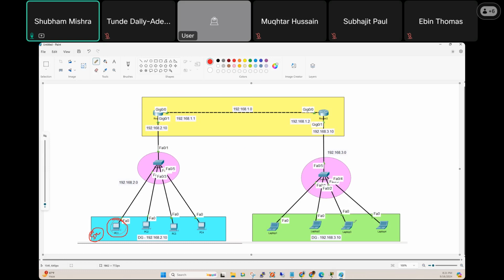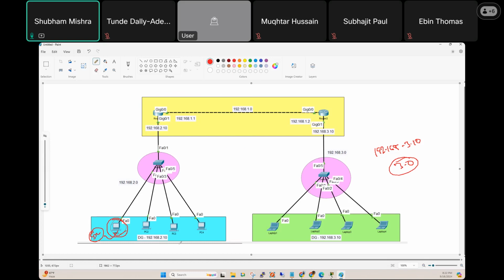So all the laptops belong to the same network that is called 192.168.3.0. Right now, everyone. So it means all the laptops belong to the same network that is 192.168.3.0. Fine. So case number one is this laptop will communicate with all the laptops, or you can say this user can communicate with the complete network. Fine. This is case number one.